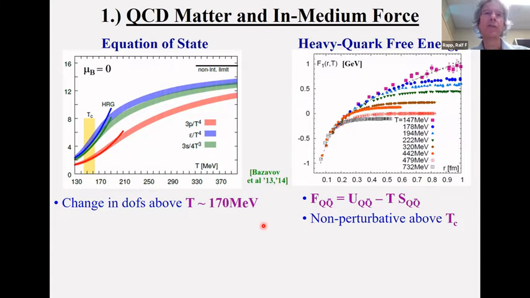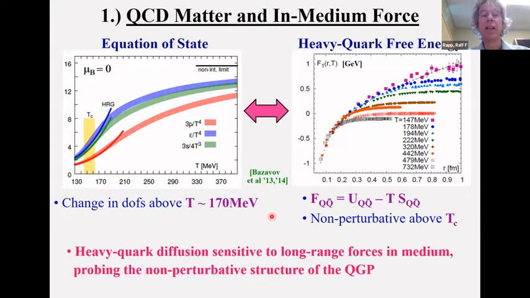And the goal then is to understand the bulk and maybe transport properties of the QGP in terms of these non-perturbative effects. So I think here heavy quark diffusion really can do us a great service, probing in particular the long-range forces in the medium that are responsible for the non-perturbative structure and properties of the QGP.